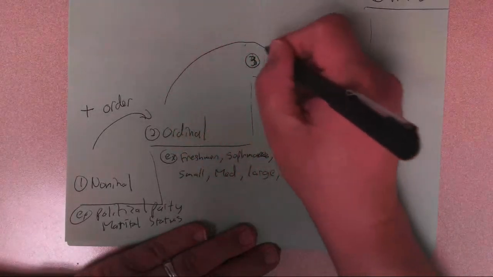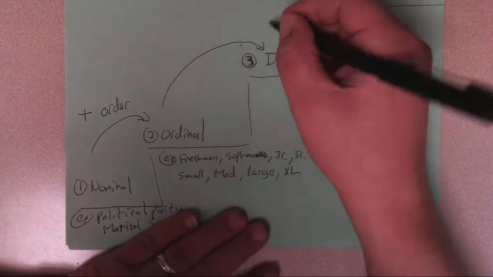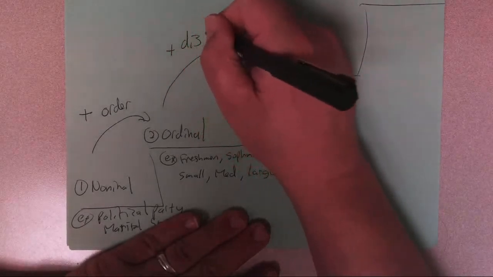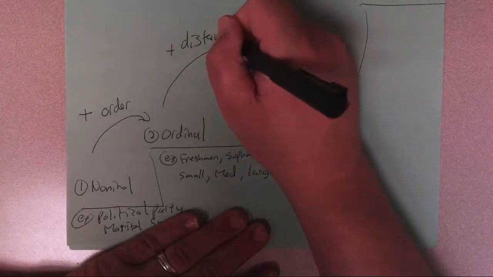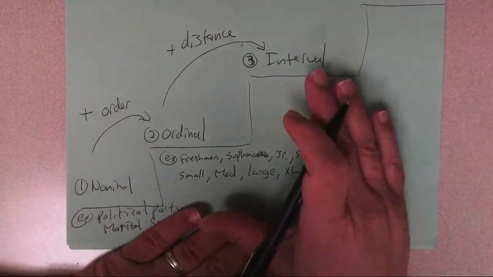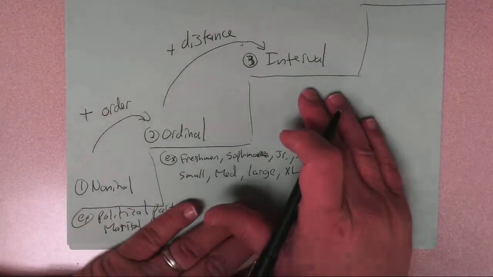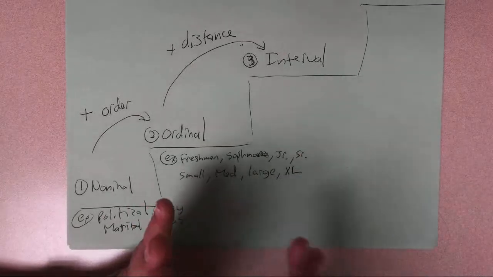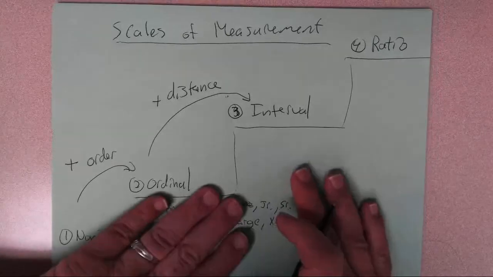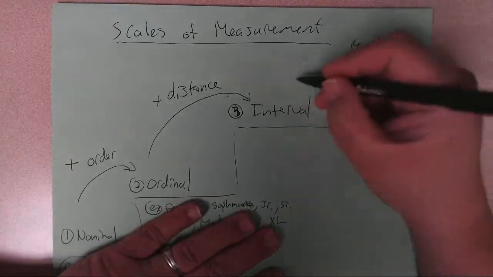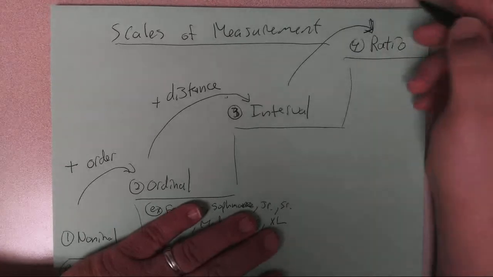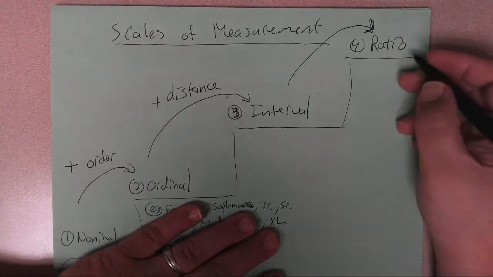Okay? So what does interval add? It adds distance between the categories, and now you can find how far apart different categories are. Now before I actually give some examples of these, let me tell you that what ratio adds is a little strange at first, but it's going to make sense in a minute.